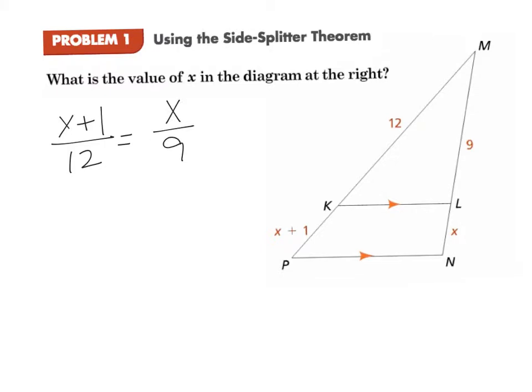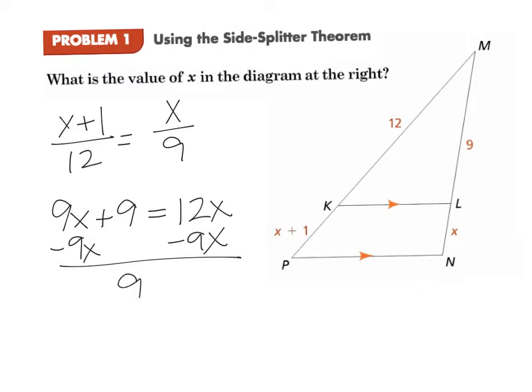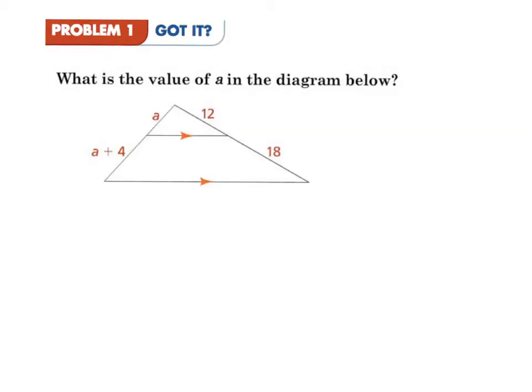And we solve this by cross multiplying. 9x plus 9 equals 12x. And then simply solve for x. So x equals 3. All right, the problem 1 got it.